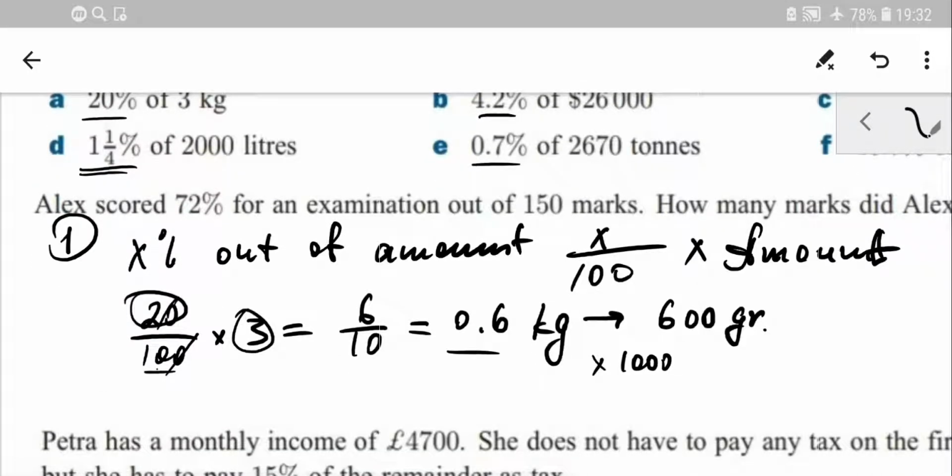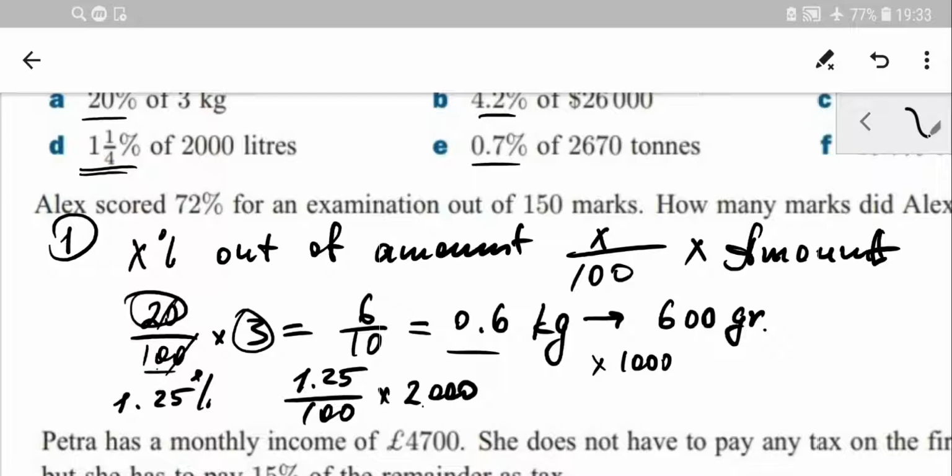1 1/4. So first of all, I convert into decimal, 1.25 percentage. But now I need to divide by 100 and multiply by 2000 liters. You can do it using just a calculator, but I can do it like that.